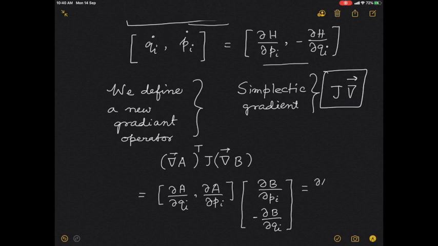What is that? This multiplied by that, minus this multiplied by that, and that looks quite familiar.